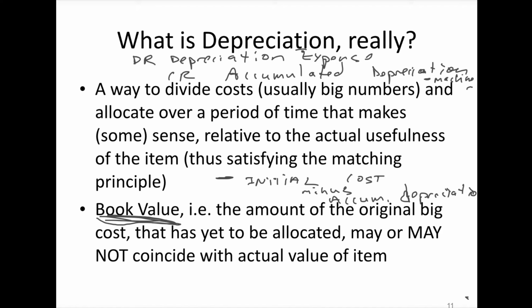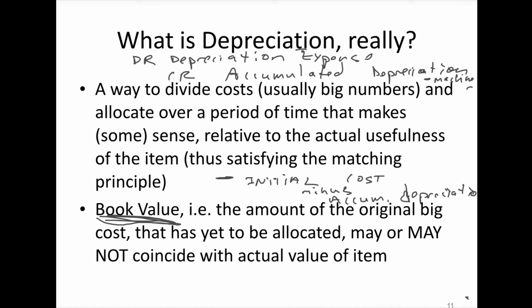Okay? So my book value is whatever the initial cost was minus what my total accumulated depreciation to date for that asset is. Okay? So book value just means how much left of that initial cost do I have still to turn into an expense? How much do I still need to allocate over the next however many years? Okay? That's book value.